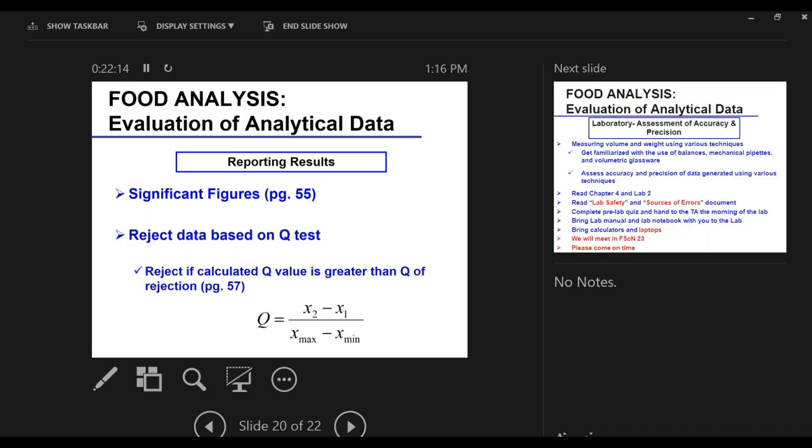Reporting your results in terms of rejecting data. Sometimes, like I said last time, you have replication, 4, 5 reps, 6 reps. And then one of the measurements looks really odd to you, very high or very low.